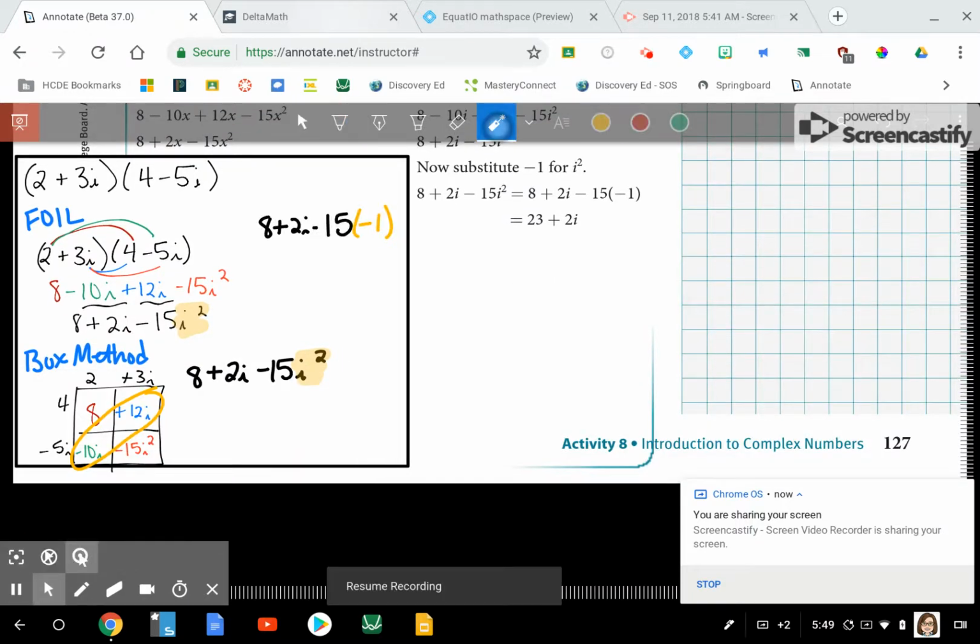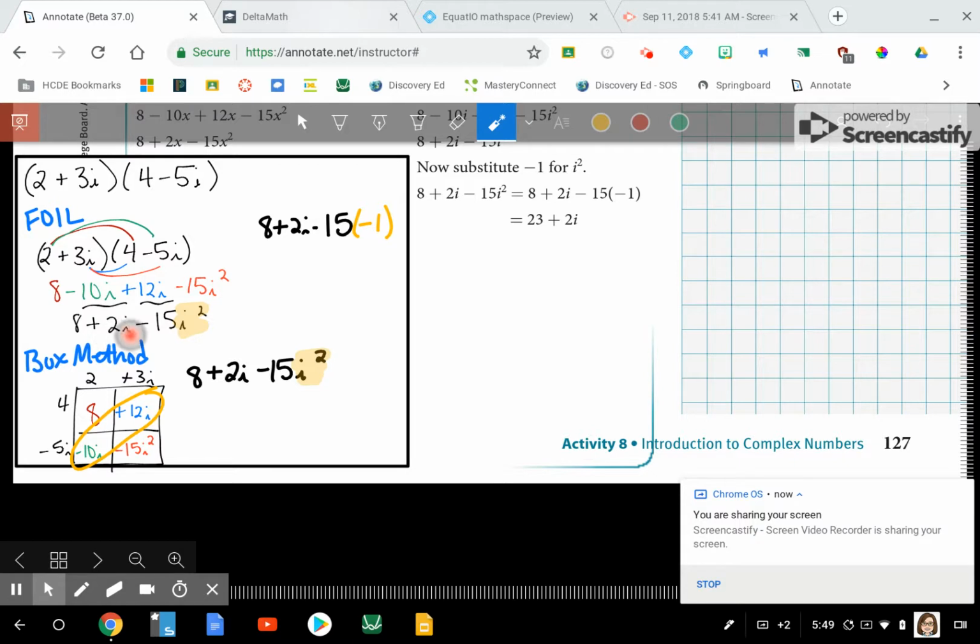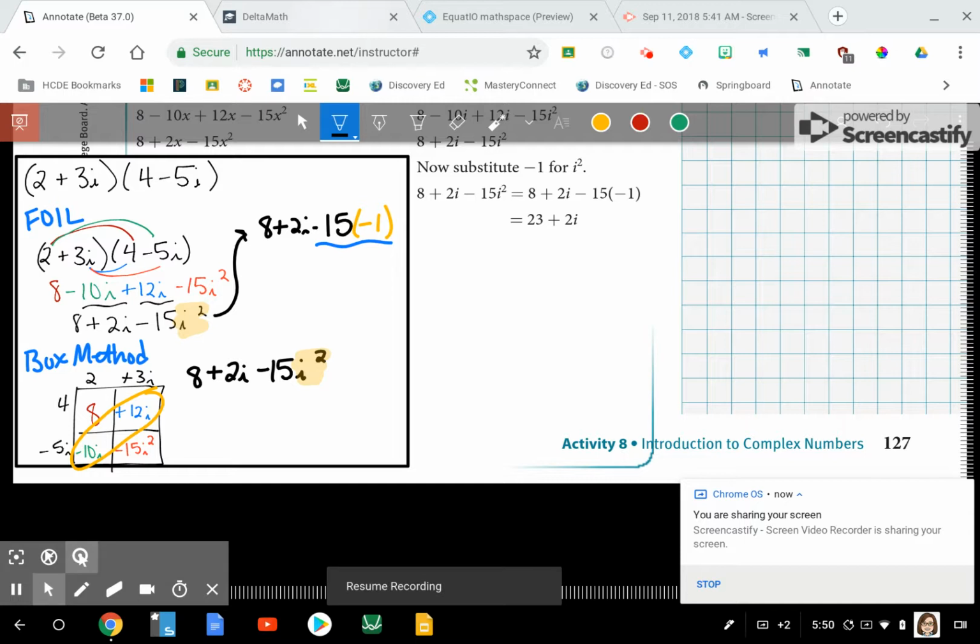So what we're going to do is keep 8 plus 2i, but right here, this is -15 times a -1. So this becomes -15 times a -1. What happens when you do a negative times a negative? Well, when you do a negative times a negative, you should get a positive.